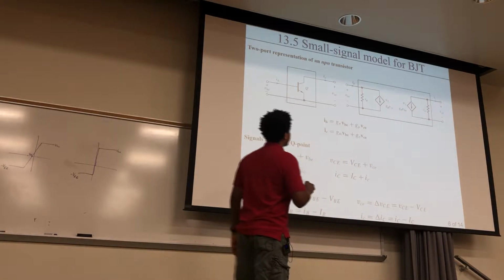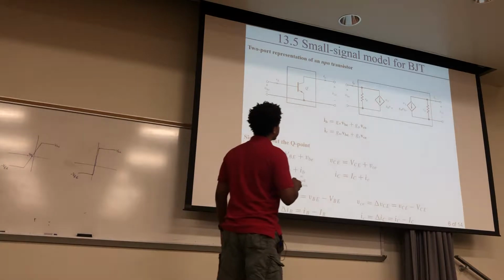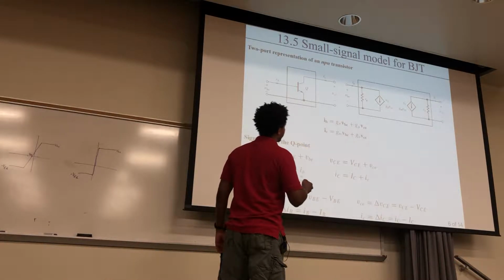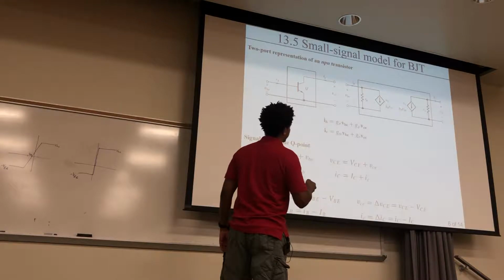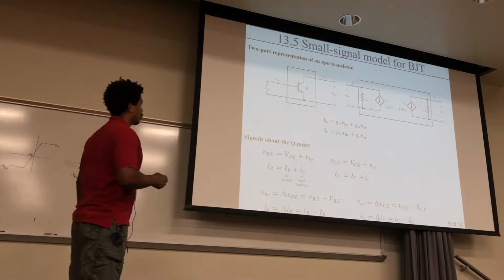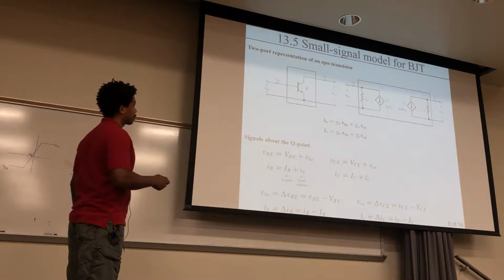There's a voltage-controlled current source here and here. This one is proportional to G mu, and this one is proportional to GM. So here's transconductance, and here are the Y parameters for that.